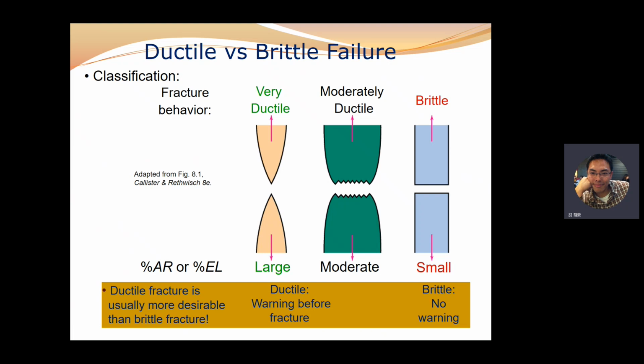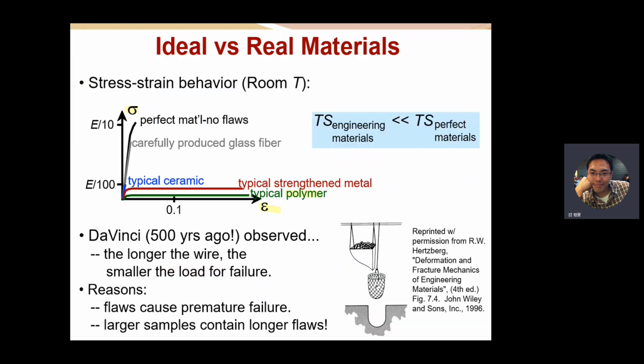Because if a car accident happens, your car or your vehicle will become pieces. Even the body, the driver, will become pieces.